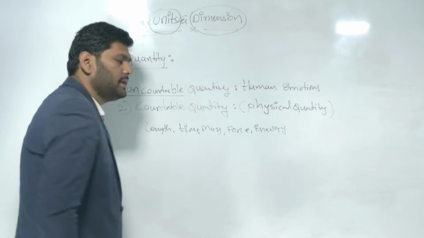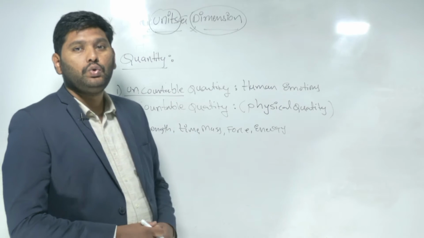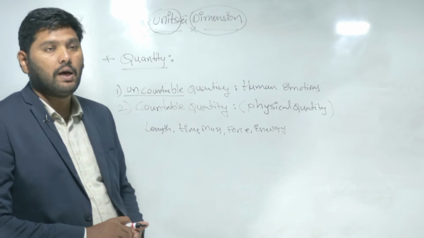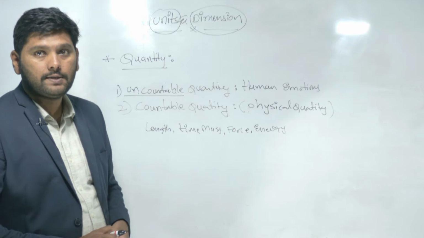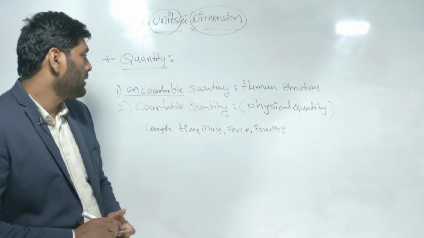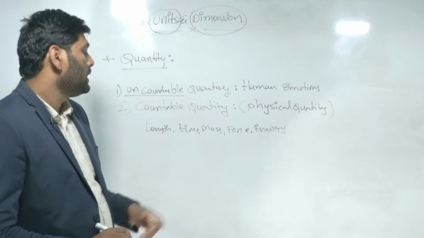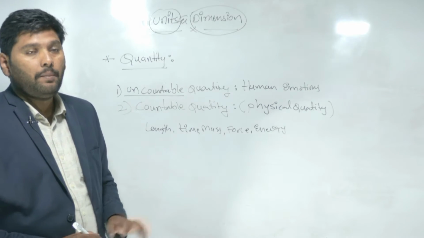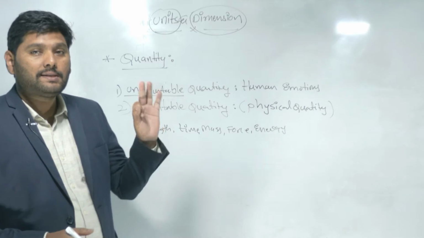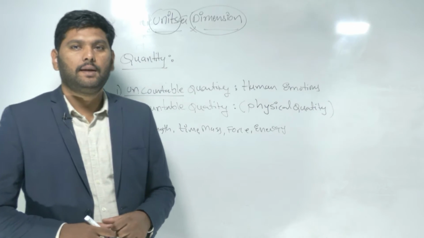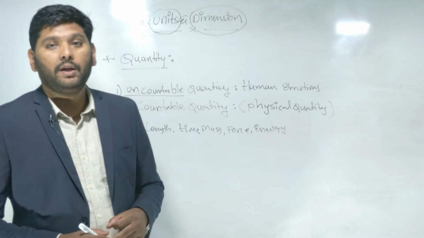These all come under physical quantity because we have an instrument to measure these physical quantities, or we have formulas to measure them. Such kinds of quantities are known as physical quantity or countable quantity. But this physical quantity is further divided into three types. Understand? How many types? Three types.